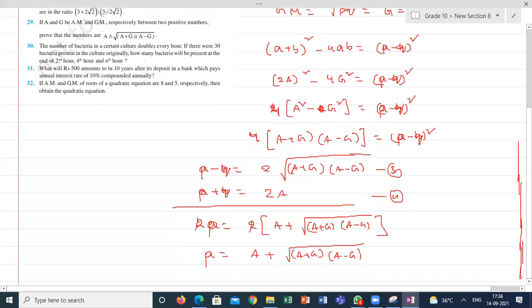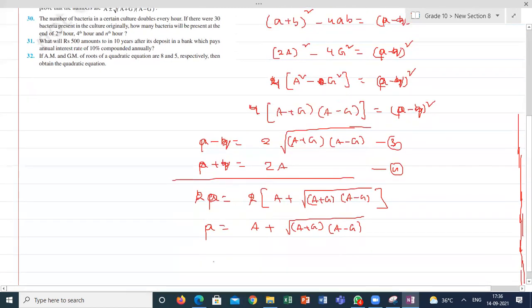If I'm subtracting both, what will I get? P plus q minus p minus q gives 2q equal to 2 of A minus the root of A plus G into A minus G. So 2 cancels.